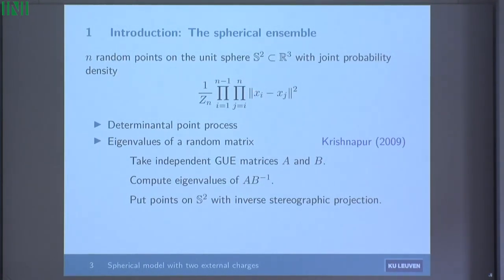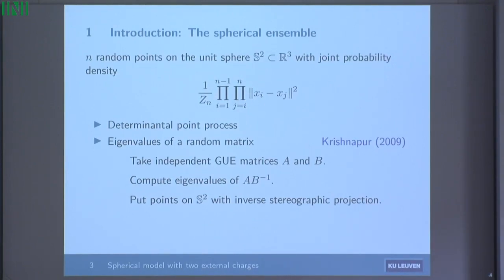Your points x1 up to xn are on the unit sphere, and for each pair you take the Euclidean distance between the two points. Probably the square should not be there in the way I've written it here. Sorry about that. And you take all mutual distances and take a product of all distances.